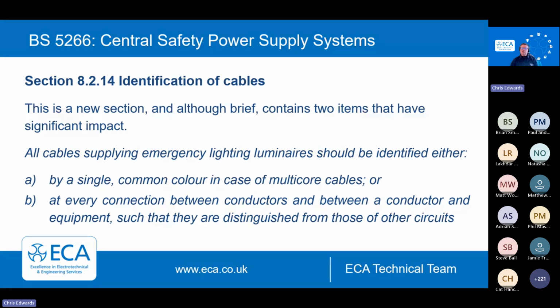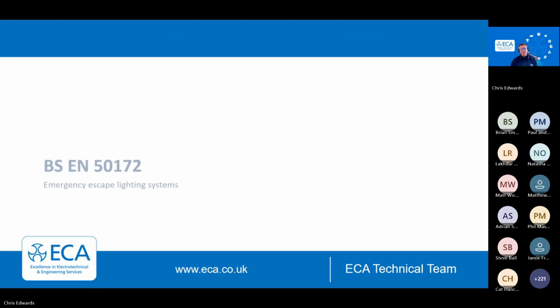So it's a common color in the case of multi-core cables, and it tells you where every connection between conductors and between a conductor and equipment is, such that they can be distinguished from other circuits. If you're going to use a different color core and it's going to be specific for that, no problem at all. Or you could also do that via labeling. And that's pretty much all that 5266 brings to the party that is unique and that hasn't been covered in the other sections.